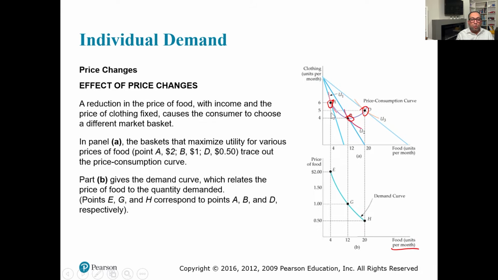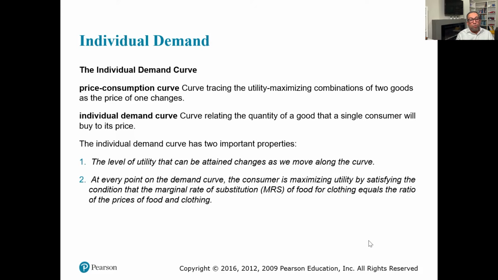When the price is $2, the consumer is buying only 4 units of food, and when the price goes down to $1, the consumer is buying 12, and then if the price further goes down to 50 cents, the consumer is buying 20. So we get a downward sloping demand curve for food. Now, one more curve we can draw here is called the price consumption curve.